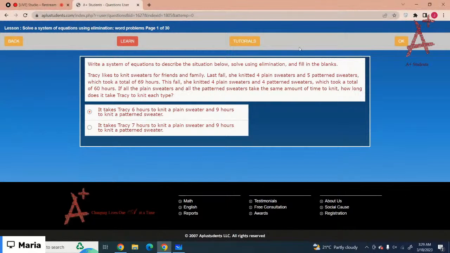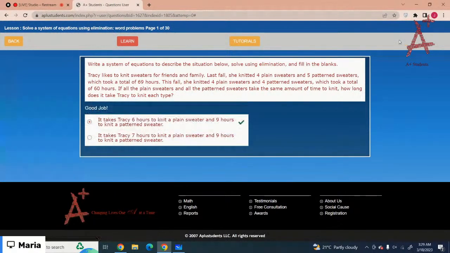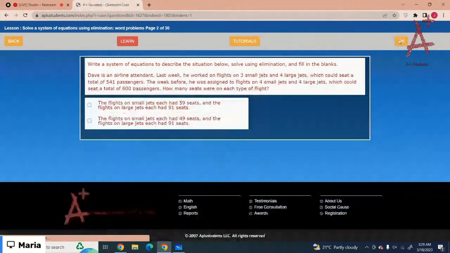Okay, let's click on the OK button and start with the next question. Okay, the next one is: Dave is an airline attendant. Last week he worked on a flight with 3 small jets and 4 large jets, which could seat a total of 541 passengers.